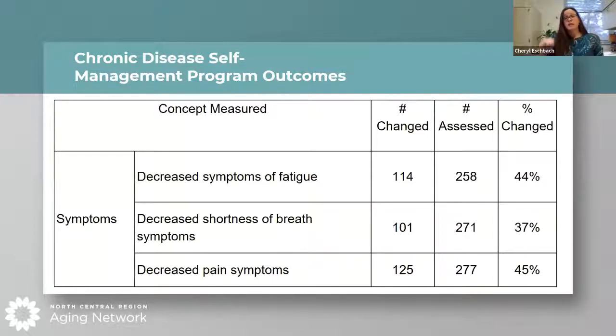And I know sometimes educators feel like 45% change isn't enough, but for behavioral change or really in a reduction of symptoms, something like this that's health focused, this is in an expected range and in a good range to talk about change. I mean, this is almost half are leaving with decreased symptoms.